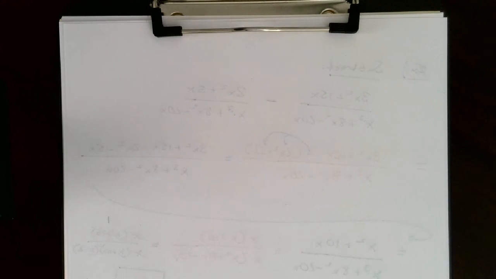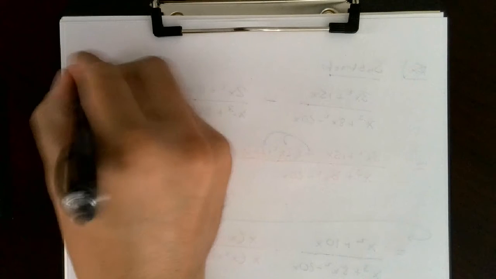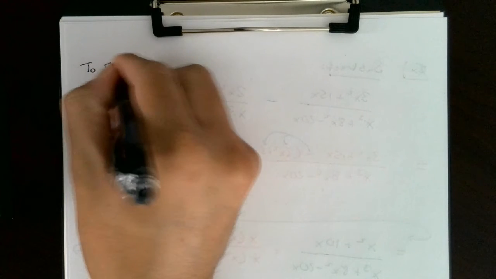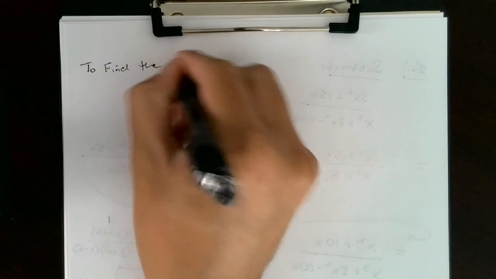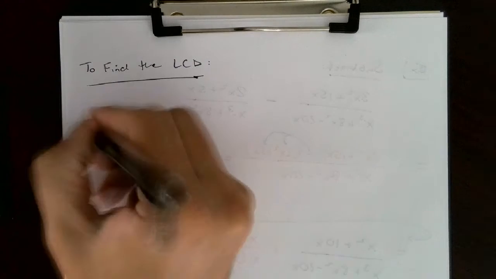Alright, so now we're going to talk about how you would find the LCD of two rational expressions where they don't already have a common denominator. So to find the LCD, the least common denominator, the lowest common denominator, here's what you do.